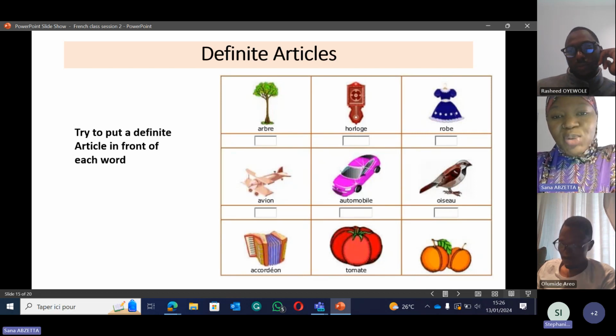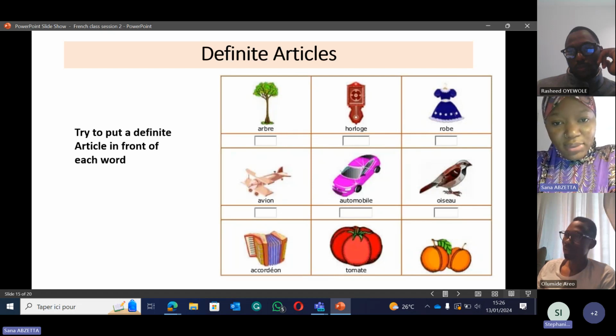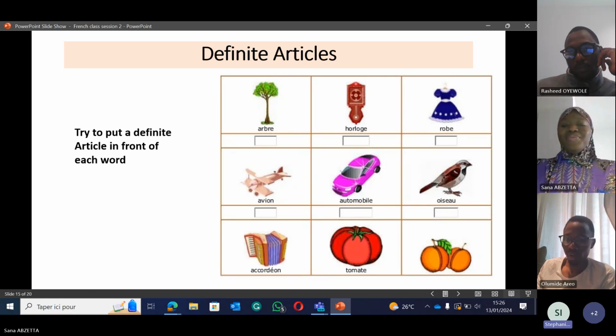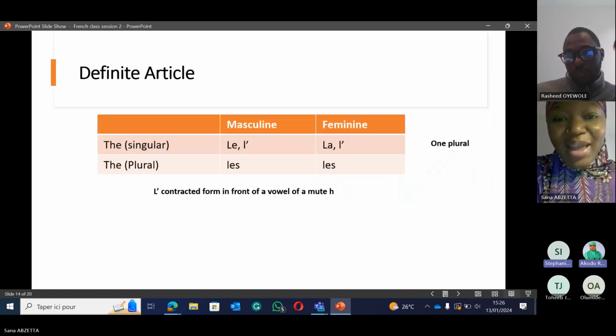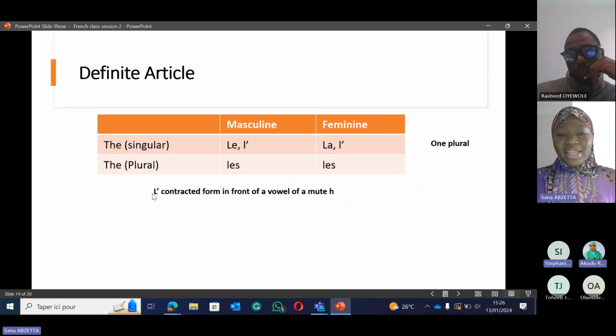So if you understood what I taught before, what do you think is the right definite article to use here? La arbre. This is right. But did you see the last sentence here?